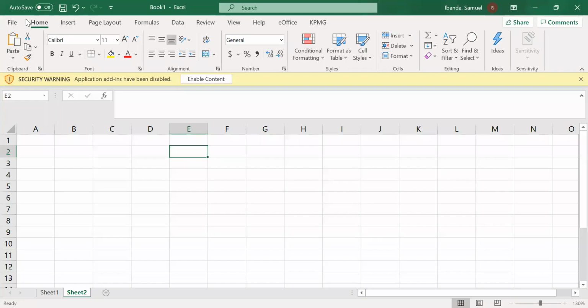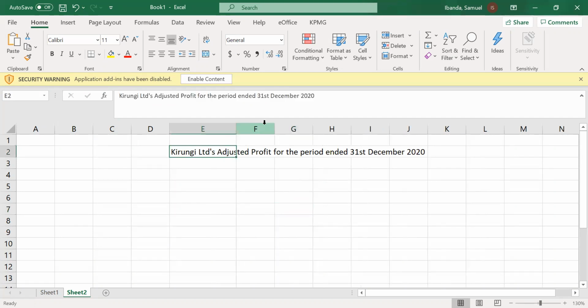So you come here and say Kilungi Limited adjusted profit as per, let's call it just for the period ended 31st December 2020. That is what we basically have.